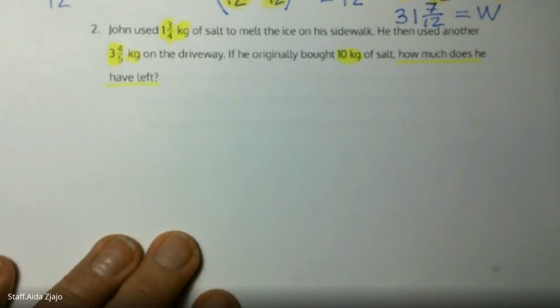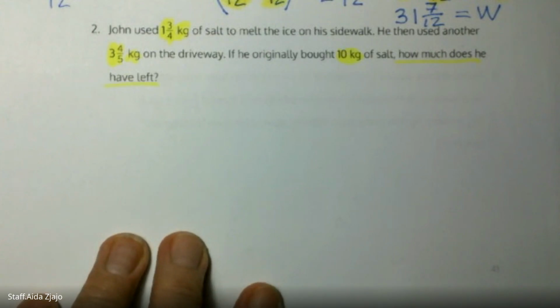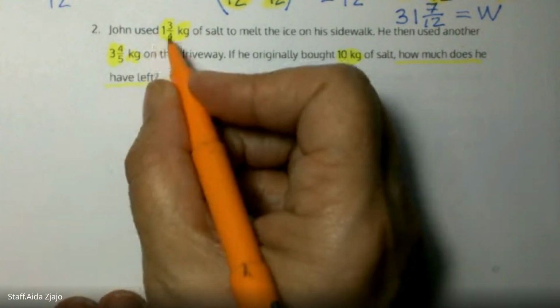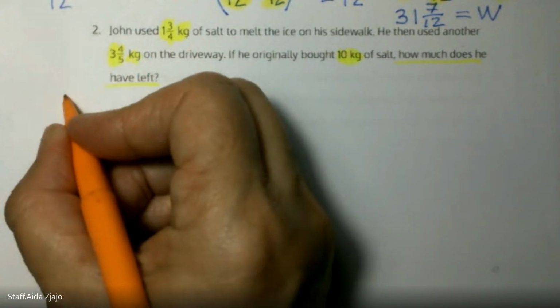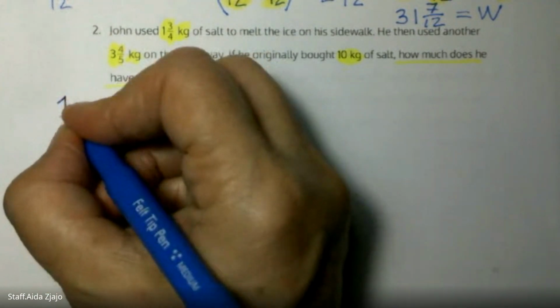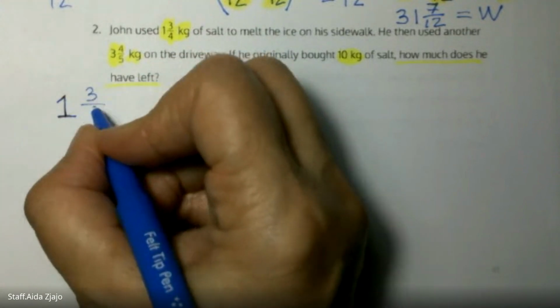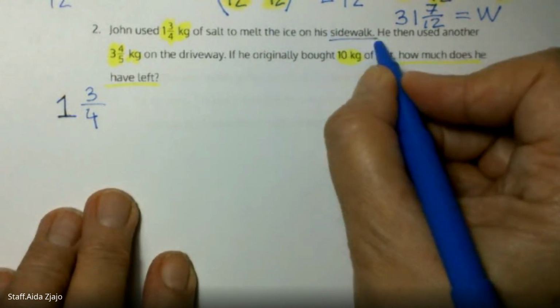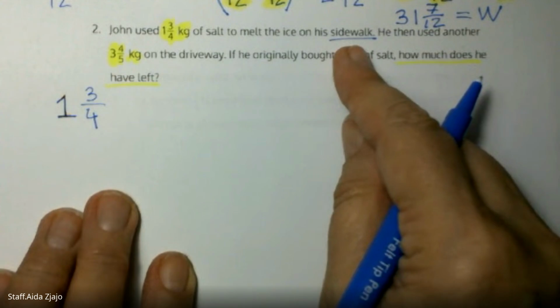So this is like a part that makes the total. If we see that John had 1 and 3/4 of a kilogram of salt, and he melted ice on the sidewalk.